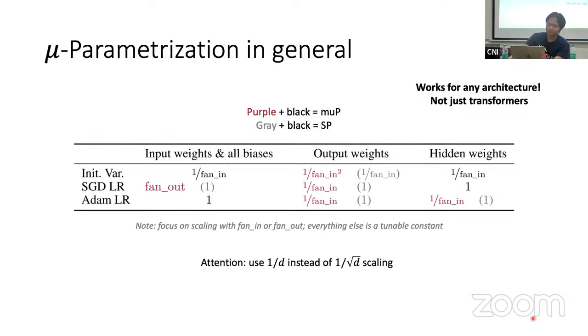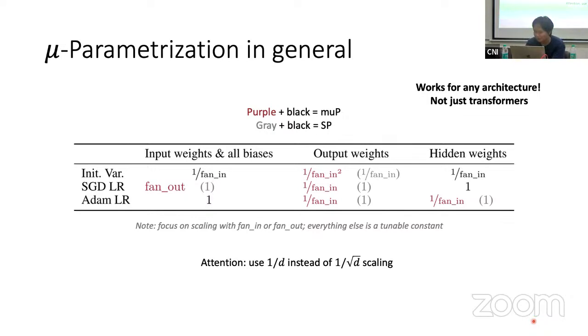Okay, so the naive thing to do, if you want to use a small model, is you tune a small model. Say you try 100 different hyperparameters, you get the best one, and then just copy it to the large model. That's the naive thing. That's like standard practice. This will not work because the larger the model is, the naive way of scaling will move the hyperparameters away from the optimum.